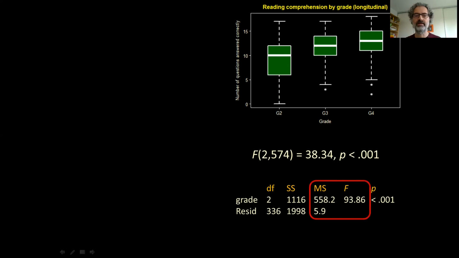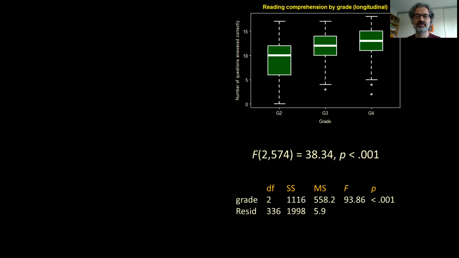The F ratio that you see here is calculated by dividing the mean square for grade with the mean square for the within residual. This is not the residual from the total sums of squares. This is the leftover from the within sums of squares, the differences of the data points from the child's own mean across grades.